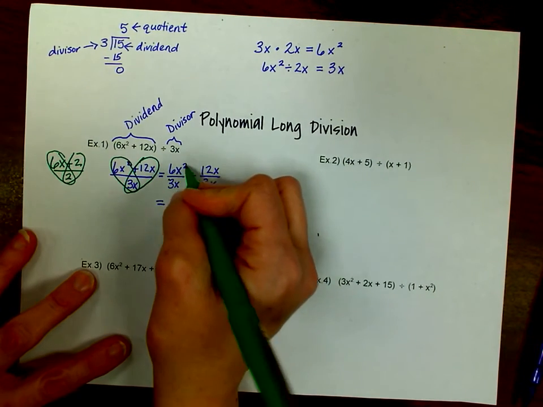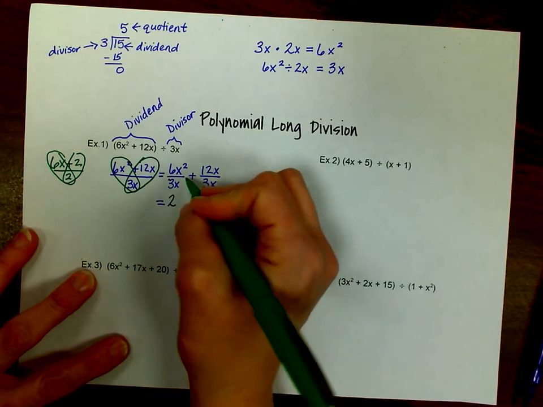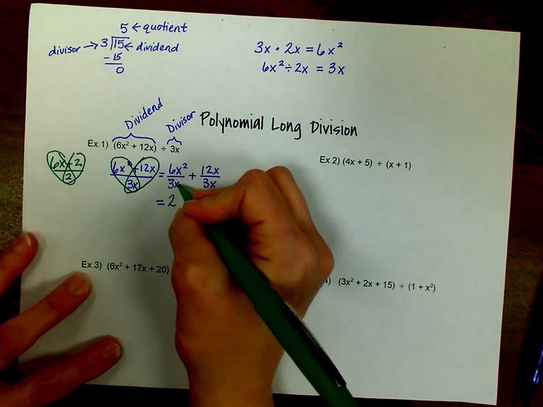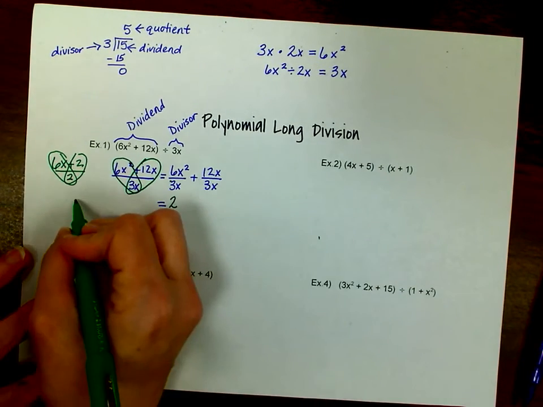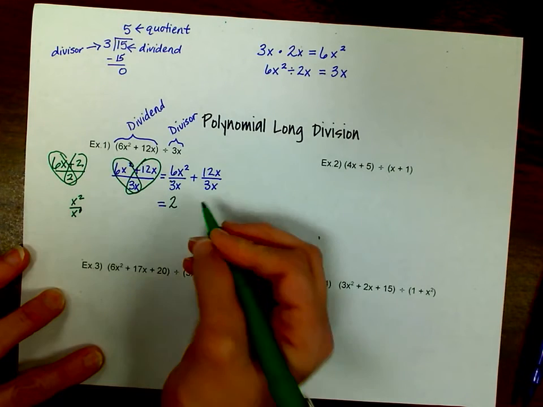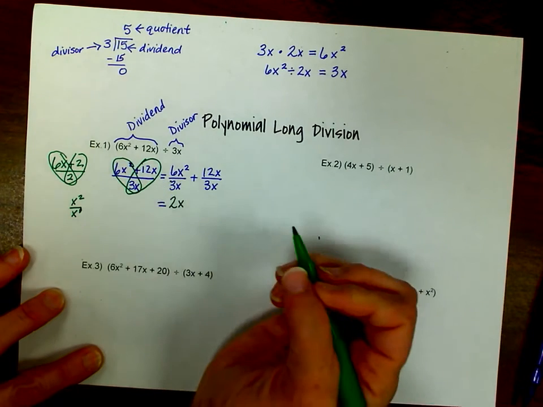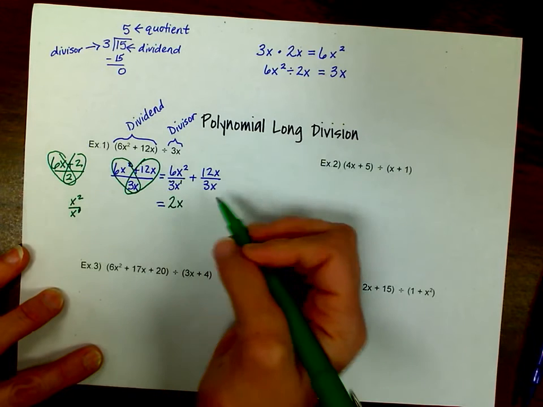Okay, so when we have 6x squared divided by 3x, we're going to divide our coefficients, and we get 2. And then x squared divided by x, going back to our exponent rules, we know that whenever you divide exponents, you actually subtract them. So we're going to do 2 minus 1. And so this is going to be x, because 2 minus 1 is 1.